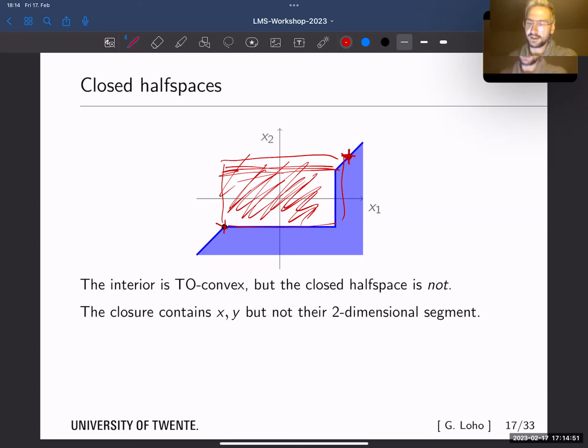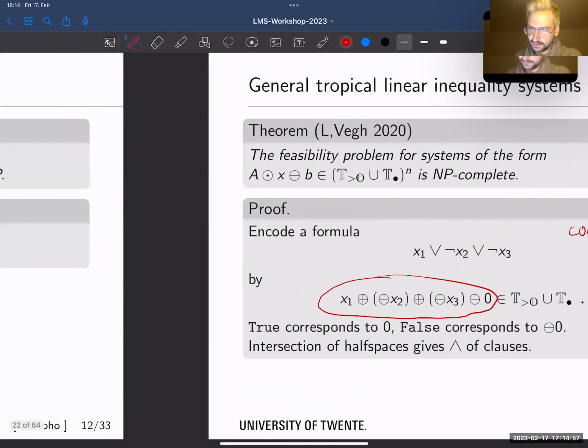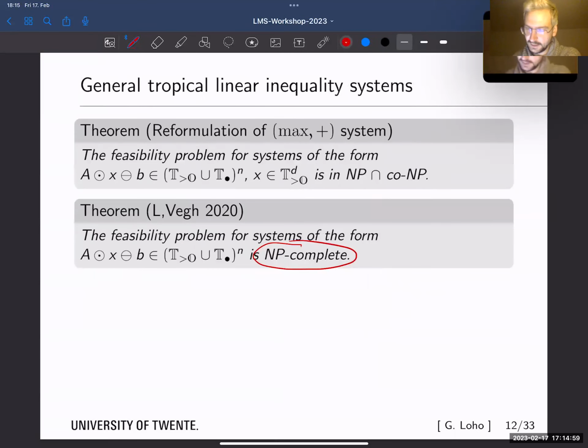which, let me go briefly back, is also interesting in this framework here, because this is actually an intersection of closed tropical half spaces. So the feasible set is an intersection of these signed closed tropical half spaces.